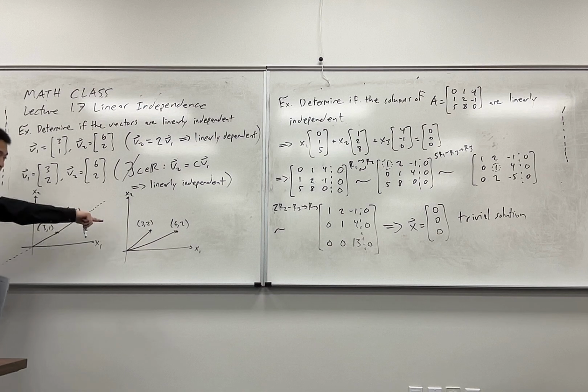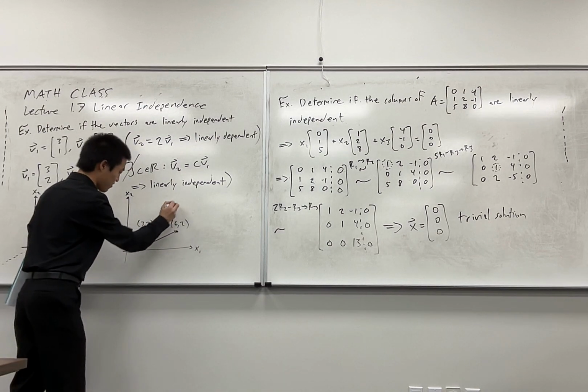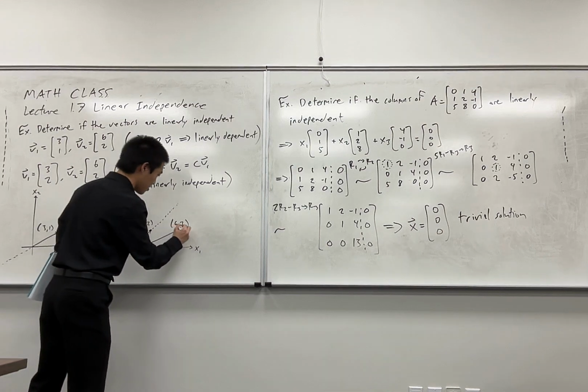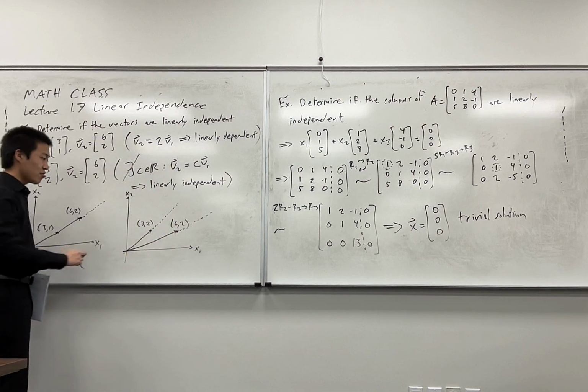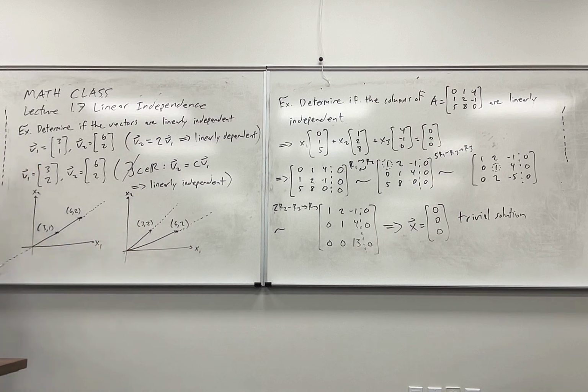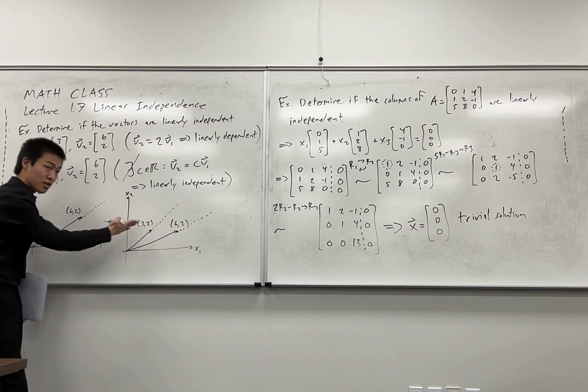These are no longer in the same span. The span of the first vector is going off like this, and the span of the second vector is going on like this, and combined their span, you can access all of R2. So graphically dependent, because they're on the same span, graphically independent of each other. They're not on each other's span.